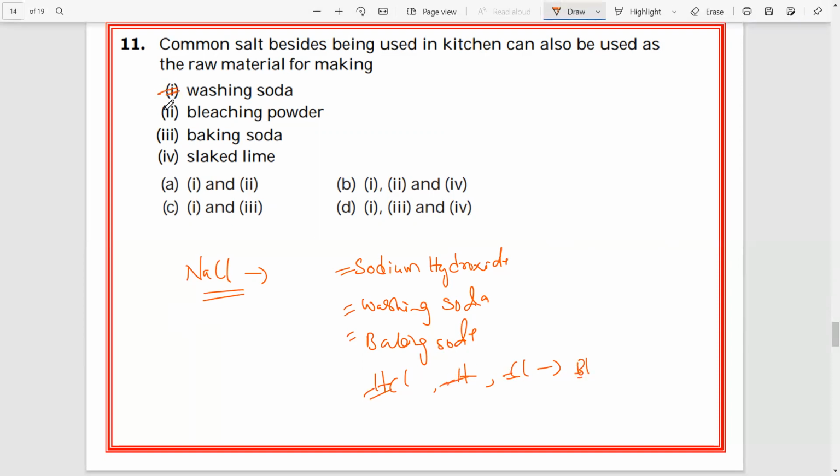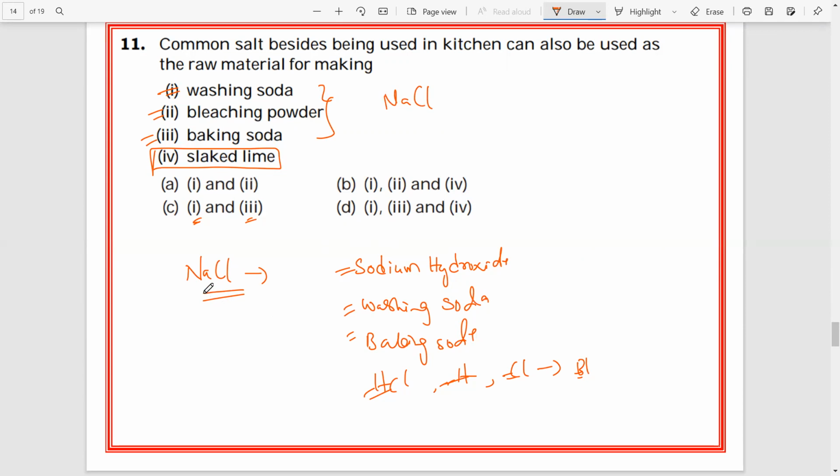Here you can observe washing soda, bleaching powder, baking soda. These all can be prepared using NaCl. And slaked lime is not prepared using NaCl. So the answer is 1, 3, because 1, 2, 3 is not there. If there is 1, 2, 3, blindly you can keep that.